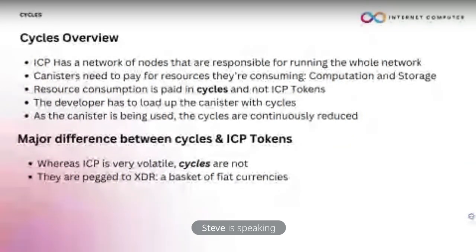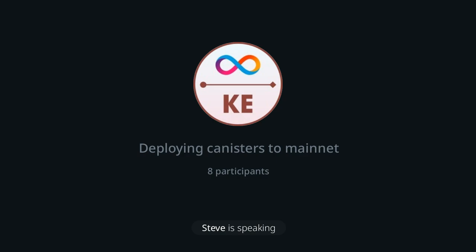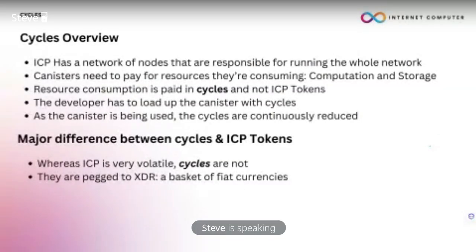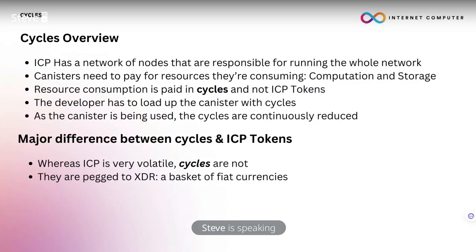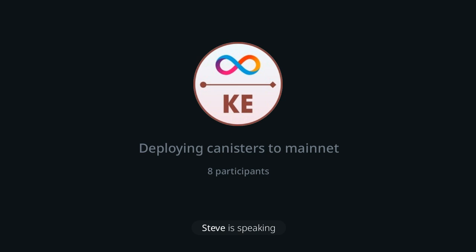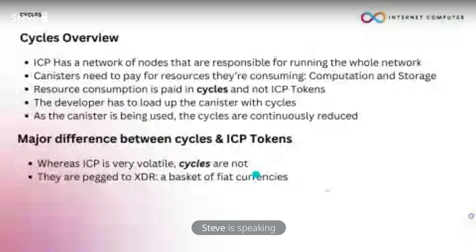And the major difference between cycles and ICP tokens is that ICP is very volatile. That is, its price normally fluctuates depending on the current condition of the market. During a bull market, the price may be very high. During a bear market, the price may be very low.